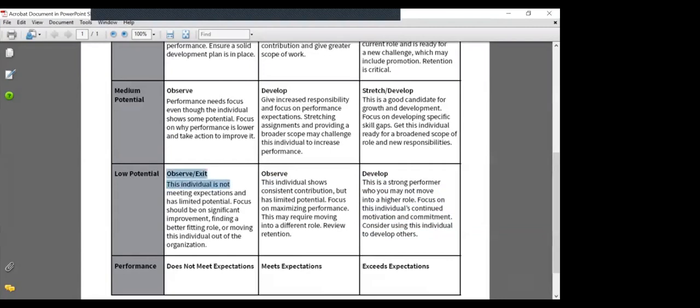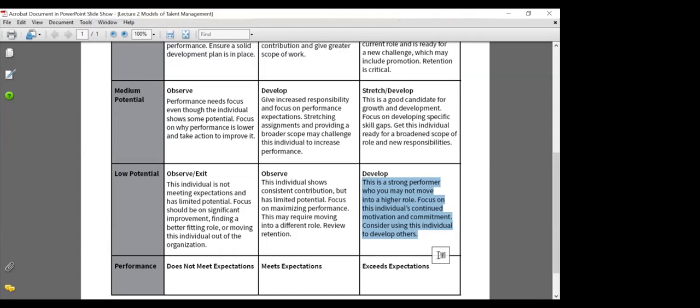Because their performance is good but their potential is low, you may want to explore giving them an individual contributor role. You may not want to grow them to the next level, but allow them to operate at the current level and encourage them to continue to perform as well as they are performing.